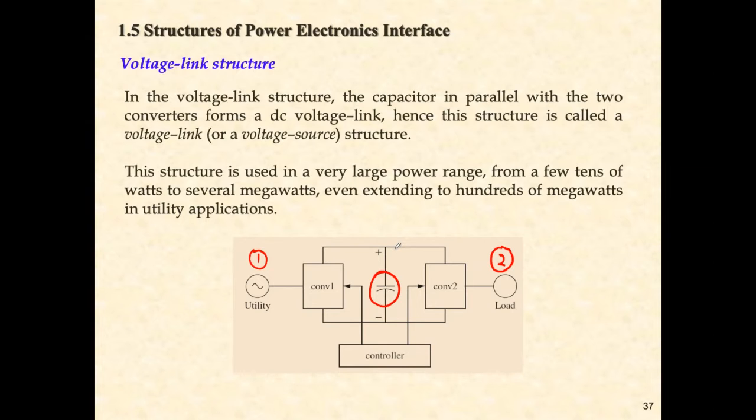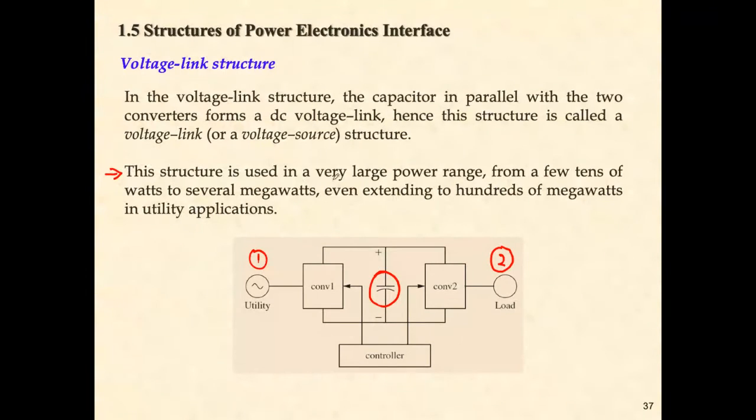One of the beauties of using the power electronics interface is that the power can be bidirectional. Anyhow, here we have two sources, or one source and one load, and there is a capacitor connected in parallel between them. This structure has some features.